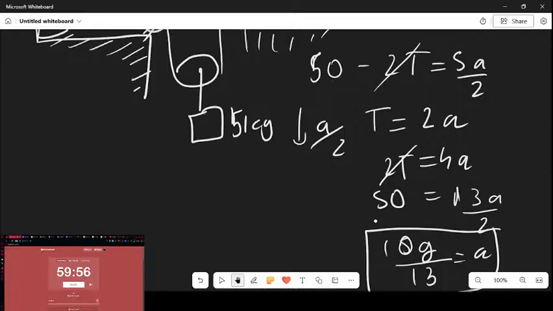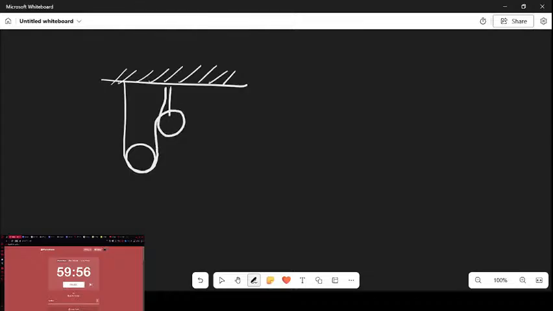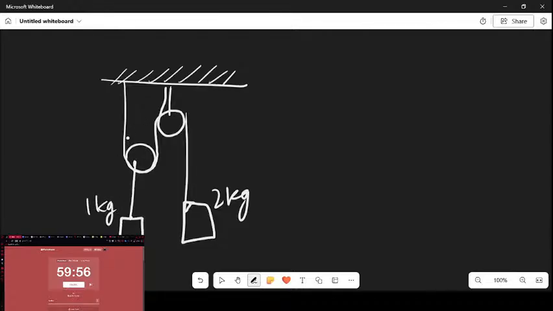1 kg, 2 kg, acceleration of A, acceleration of B. Okay, this is kind of tricky.